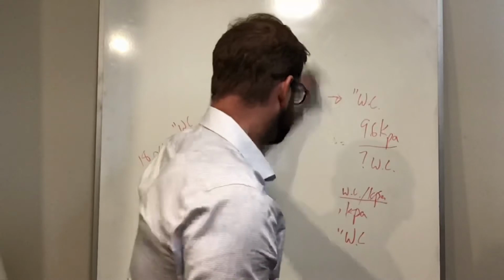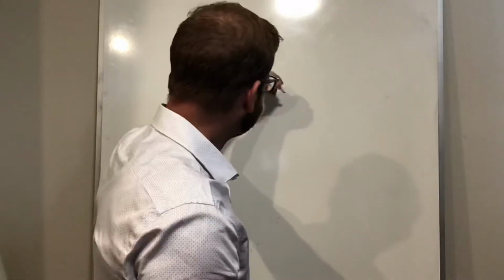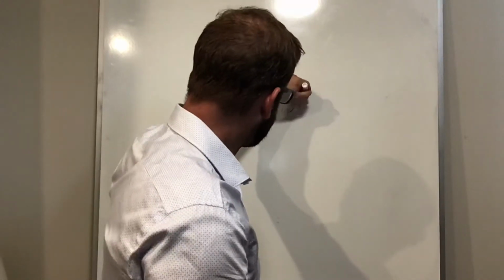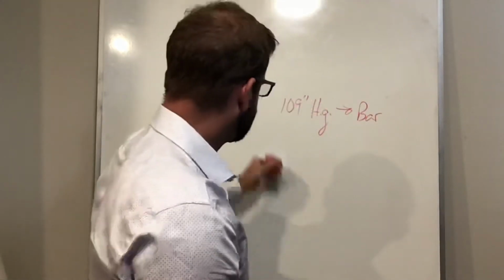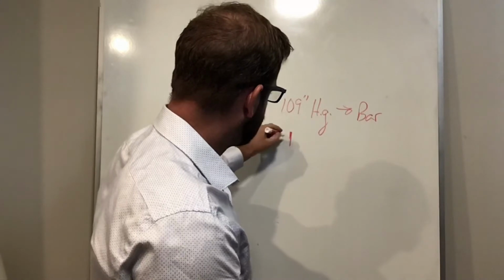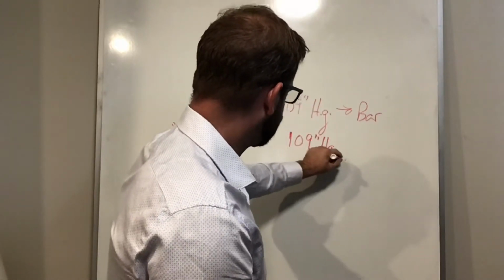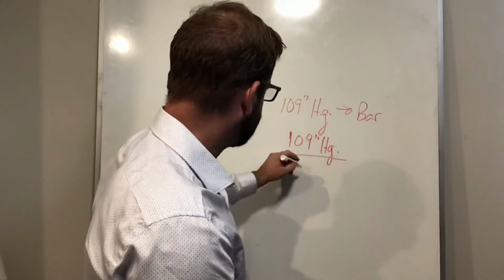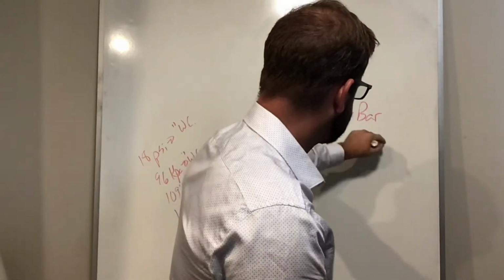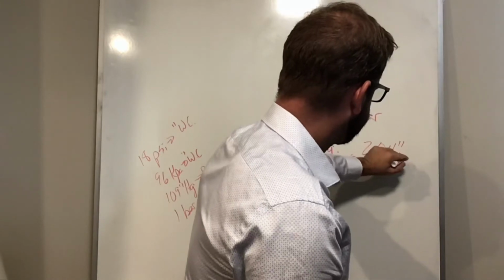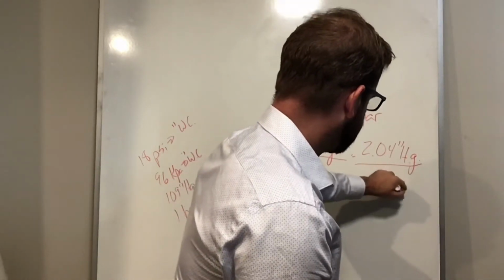Next question. Next we have 109 inches of mercury to bar. 109 inches of mercury over an unknown bar, and we have 2.04 inches of mercury and 0.0689 bar.